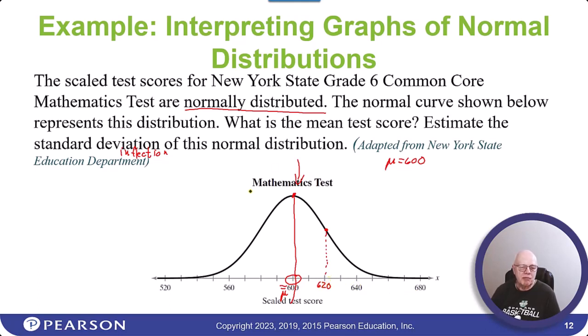And if I look on the left, because maybe I work better on the left, go down steeper, steeper, steeper, and somewhere in here, it starts to level off. And that looks like about 580 on the x-axis. So it looks as though the standard deviation might be about 20.